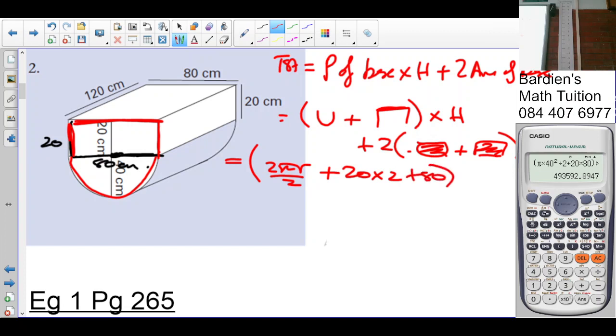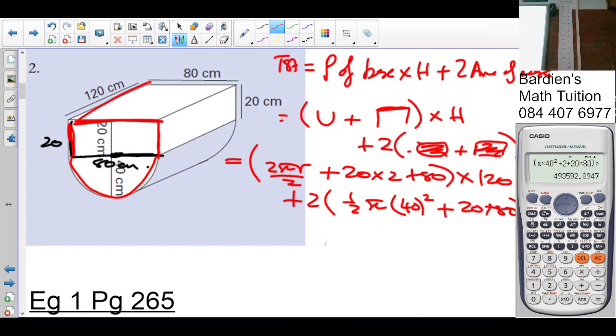Times the depth of this object, which is 120, plus 2 times the area of a semicircle, it's going to be half pi r squared, which is 40 squared, plus the area of a rectangle, which is length times breadth, so it's 20 times 80.